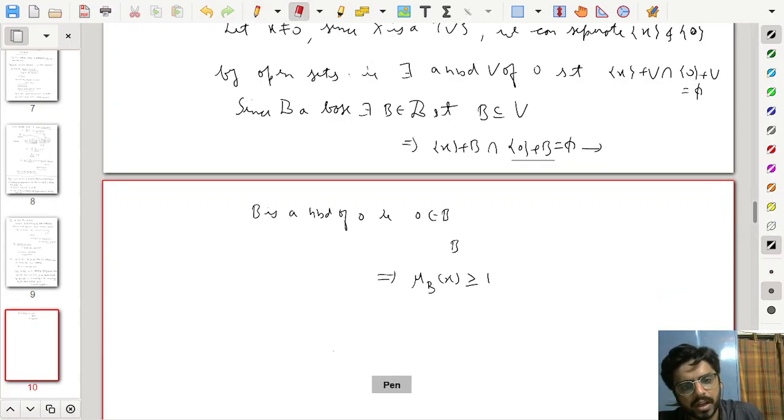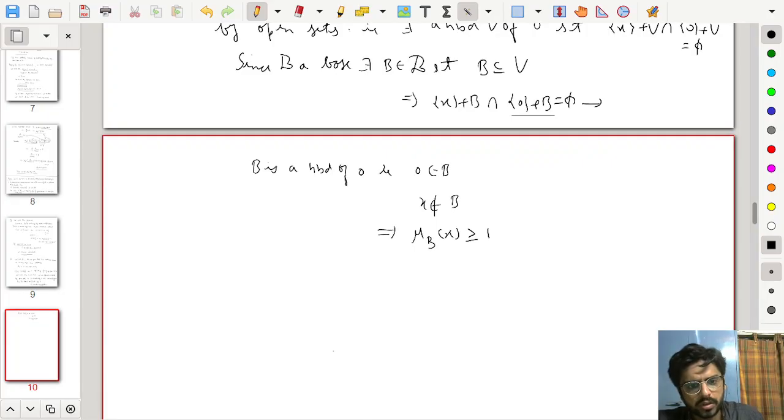This follows from the remark that we have proven, right? So this shows that mu B of x is non-zero.